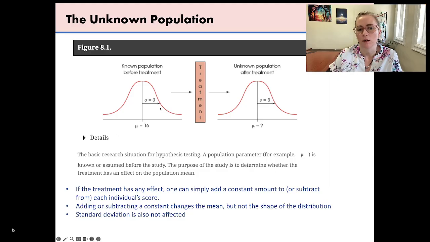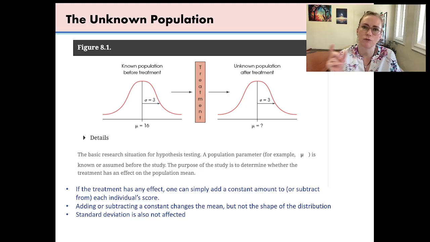This is when we are seeing what shift. Here we have the term treatment, and treatment can really be all-encompassing. Yes, it could be therapy treatment, and yes, it can be medication treatment, but it can be really anything that you do to your sample. So if you're doing some type of behavioral intervention, or a somatic intervention where you're giving medications or giving hormones or something like that, you expect some change to happen.